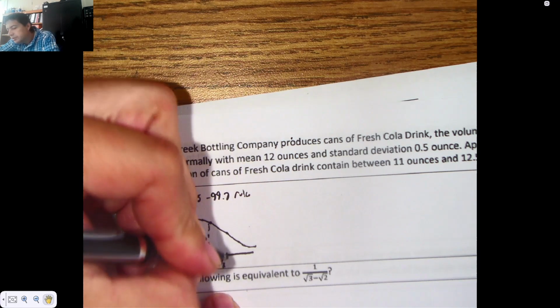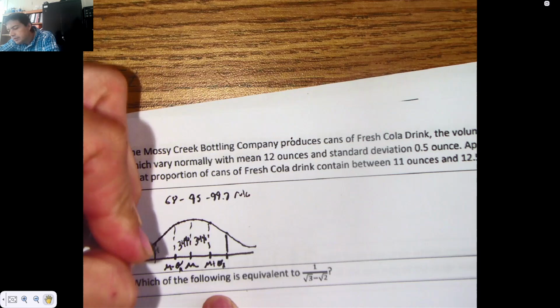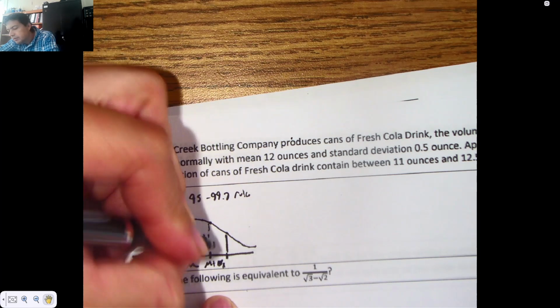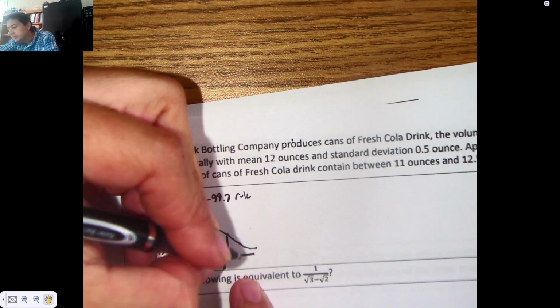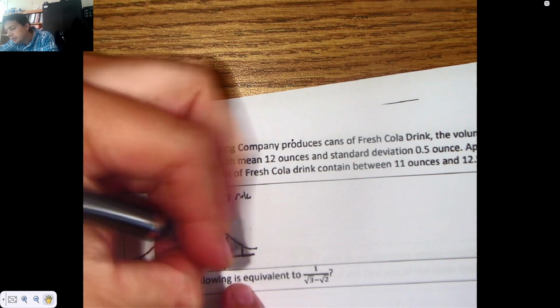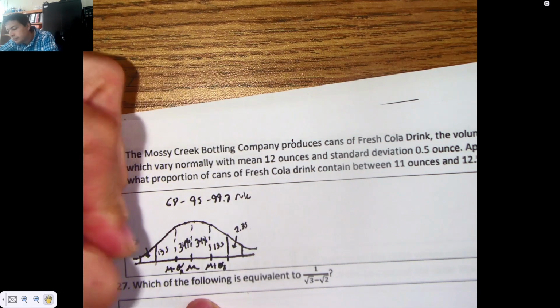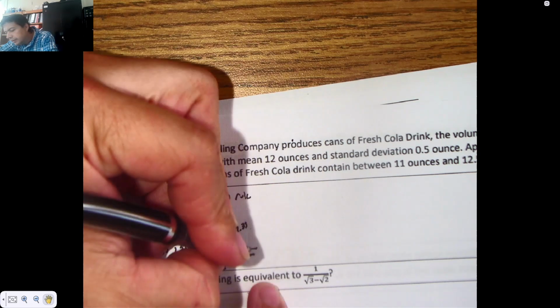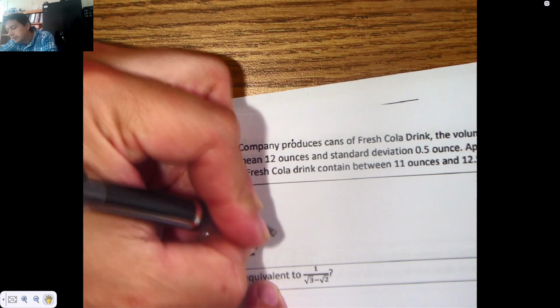If you go another standard deviation, you add a little bit more. Each of these little guys are 13.5%. You get a little bit more, and each of these little guys are 2.35%. And then the tails at the end are each 0.15%.